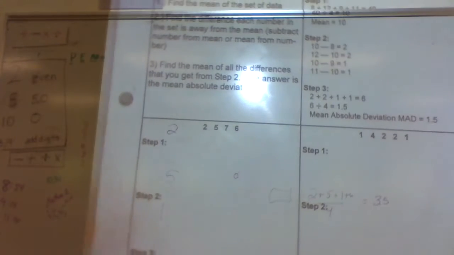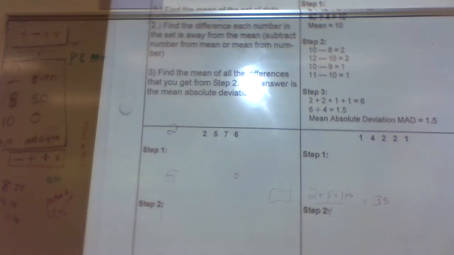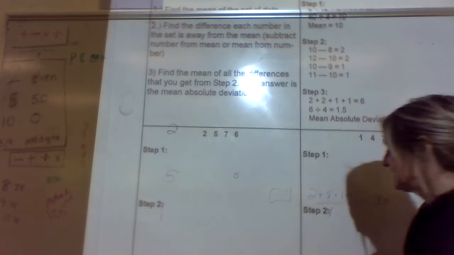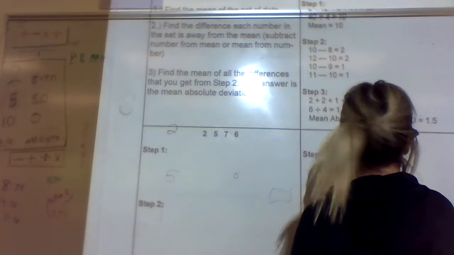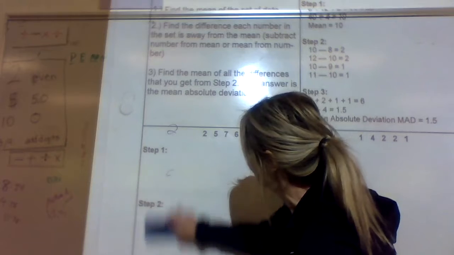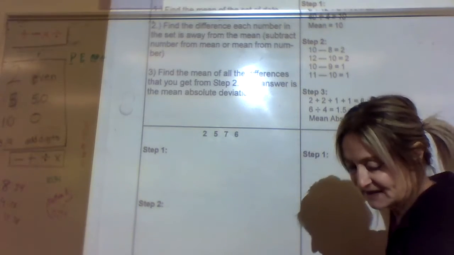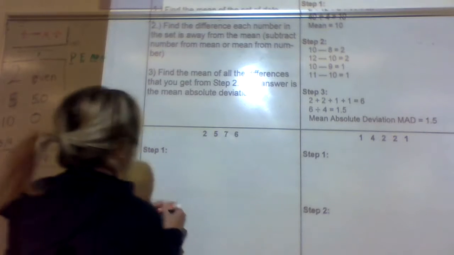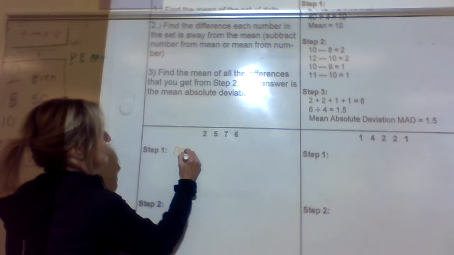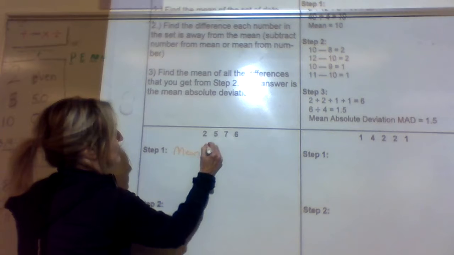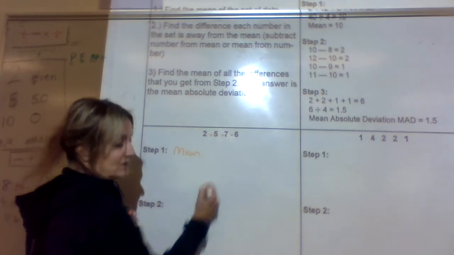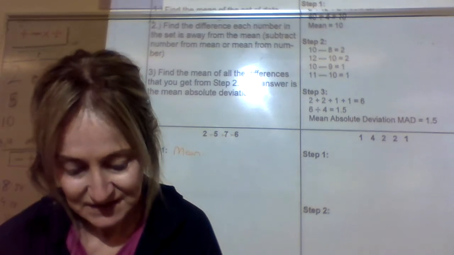I'd like you for today to finish these other problems with your calculator. It won't take you very long if you just take a second. So step 1 is to find the mean.